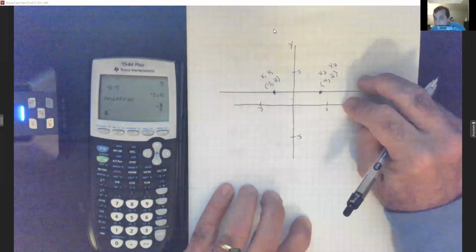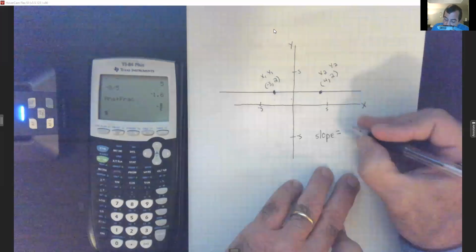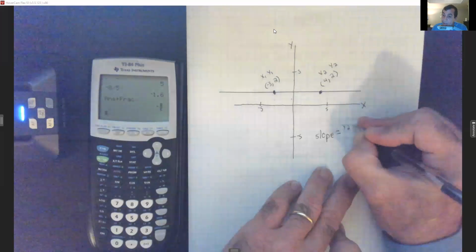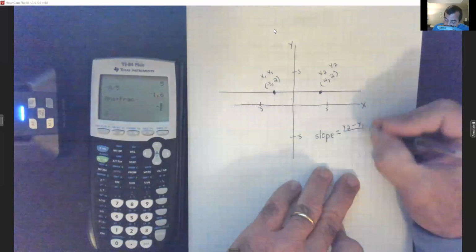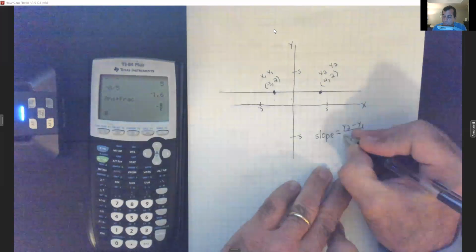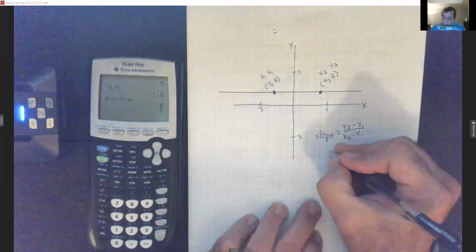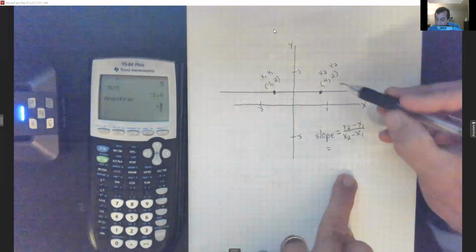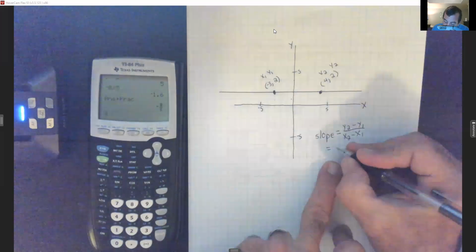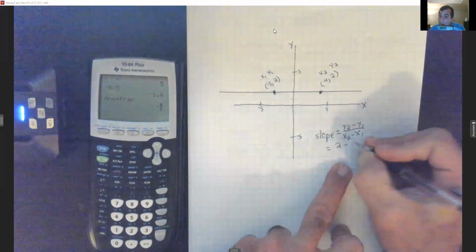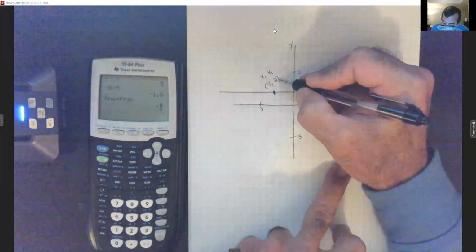Okay, so let's see, the slope is going to be y2 minus y1. So that's where we get the rise. And x2 minus x1 is the run. So let's fill in. We got a y2 right here. That's a 2. Minus my y1, which is a 2.